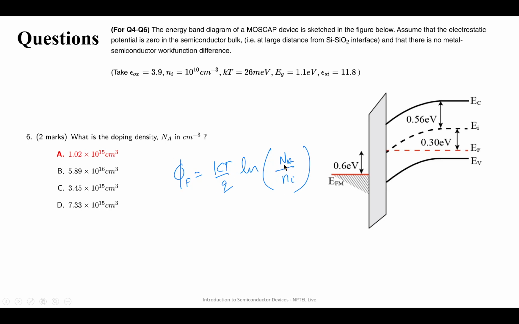If you solve this, you take everything over, so it becomes the exponential of 0.3 divided by 0.026, into 10 power 10. Solve that, and you get 1.02 into 10 power 15 per centimeter cube.